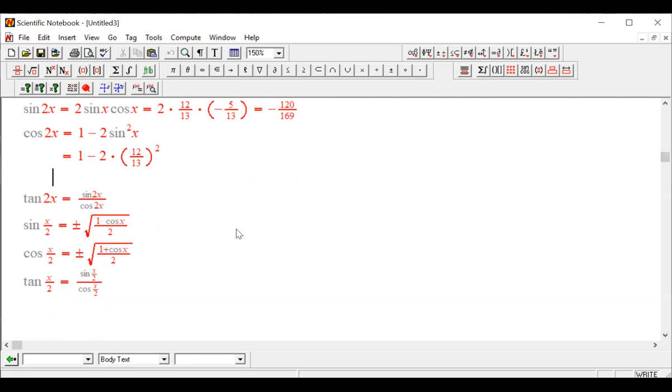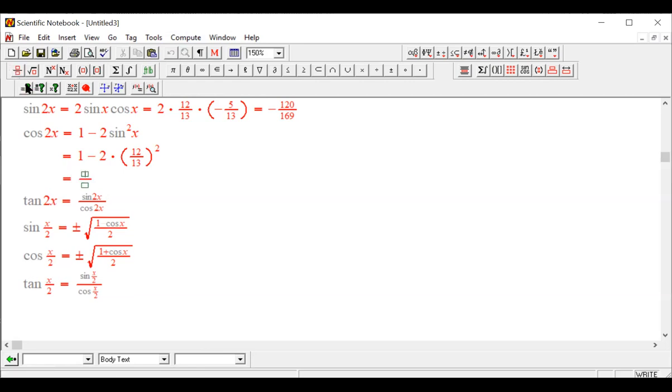Looking ahead, we have to find a common denominator, so this is going to be 169 over 169 minus, 13 squared is 169, 12 squared is 144, 2 times 144 is 288.